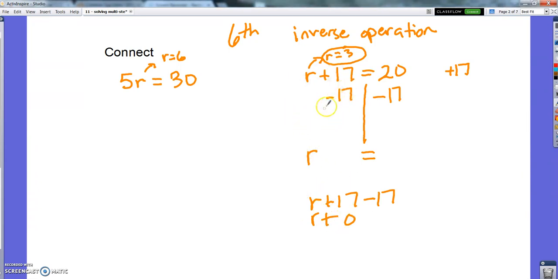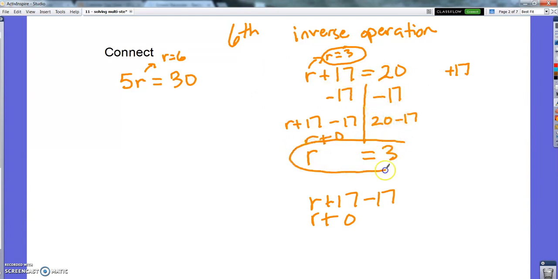And over here, I did the minus 17 on both sides to keep everything balanced out. And 20 minus 17 is 3. And I get that obvious answer that I knew before.